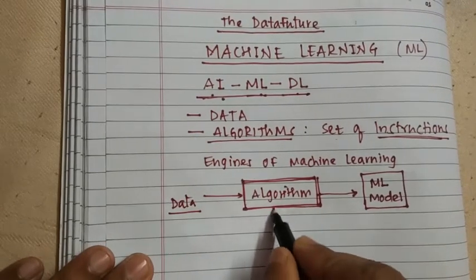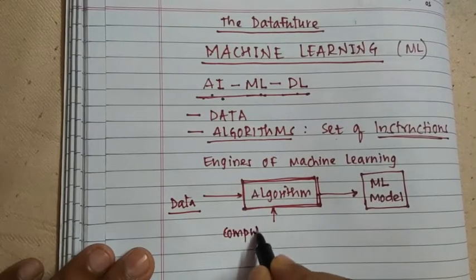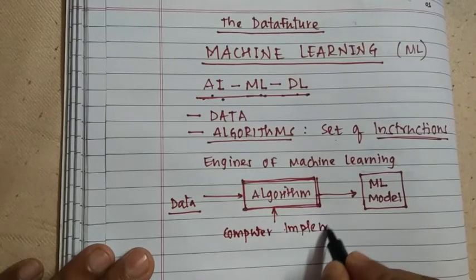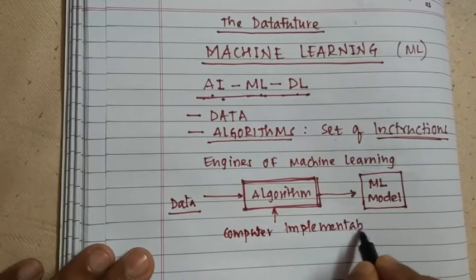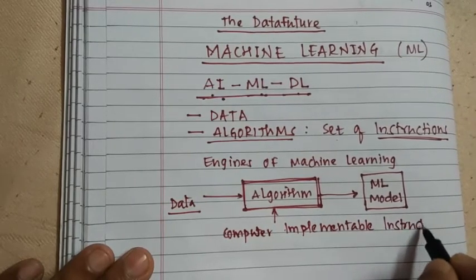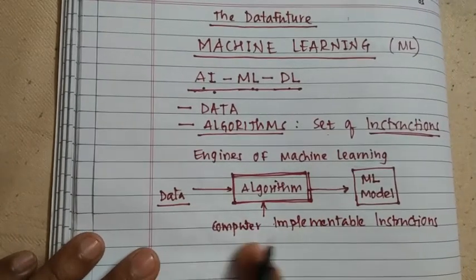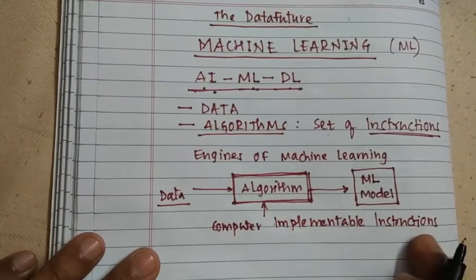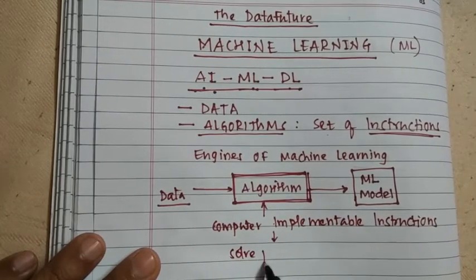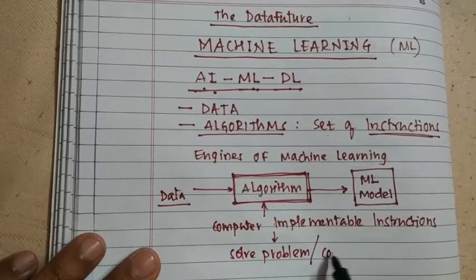Algorithm means computer-implementable instructions. And these instructions are for what? To solve a problem or to do a computation.